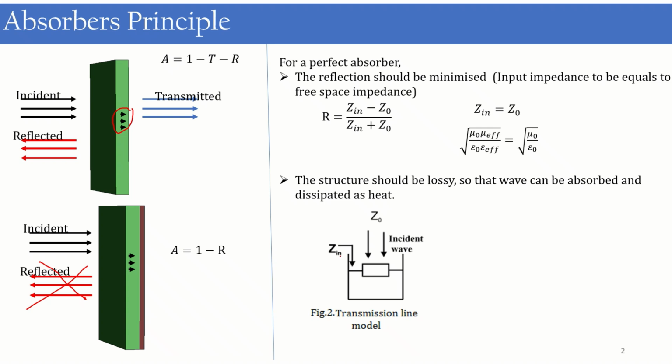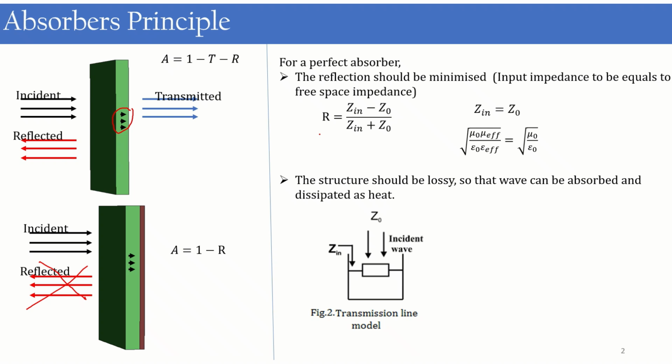Then the reflection is given by (Zin minus Z0) divided by (Zin plus Z0). This is the basic equation for reflectivity. For the reflection to be 0, Zin has to be equal to Z0.